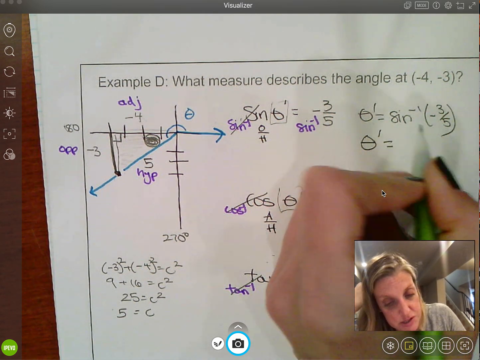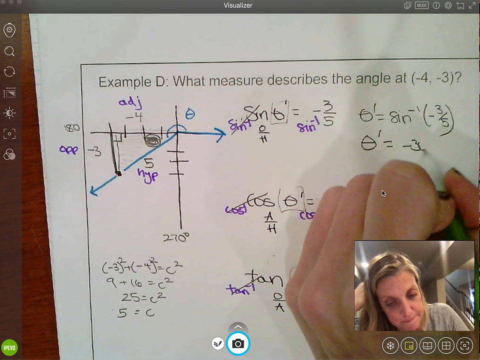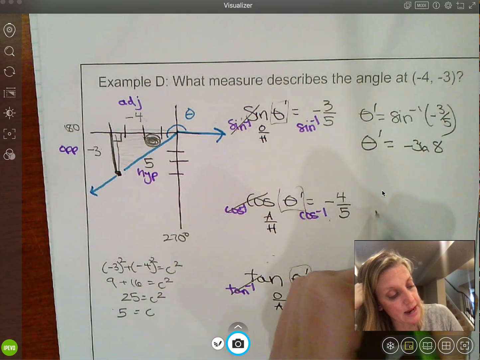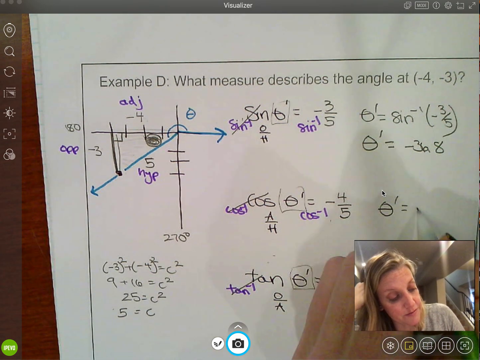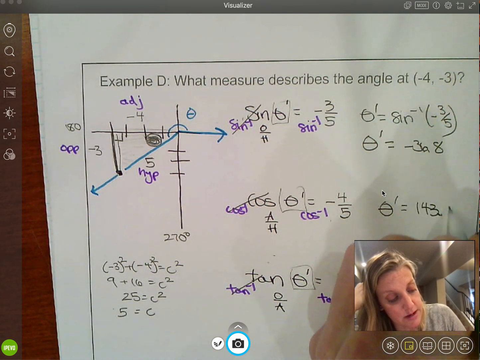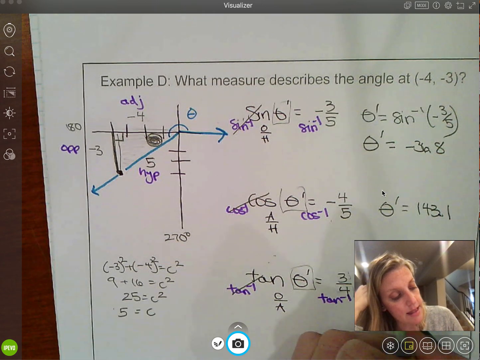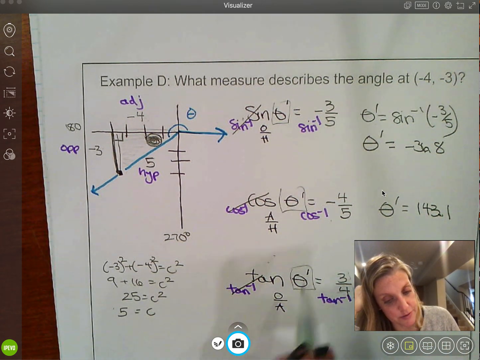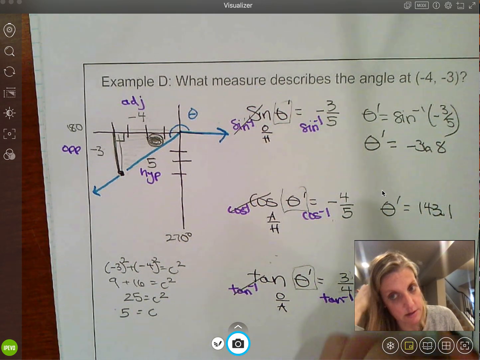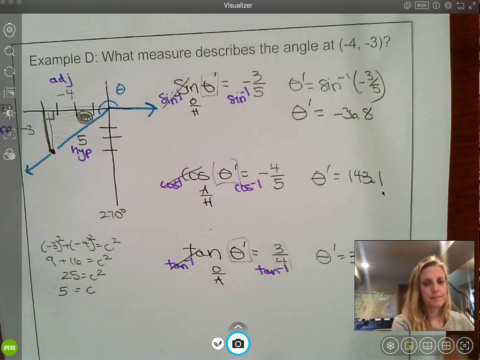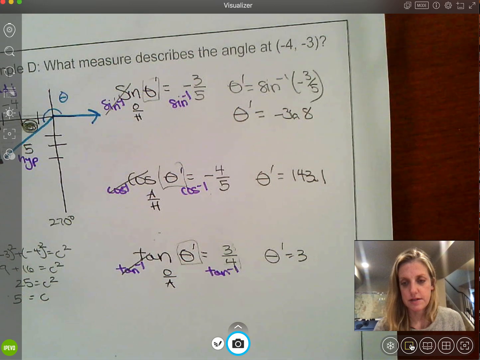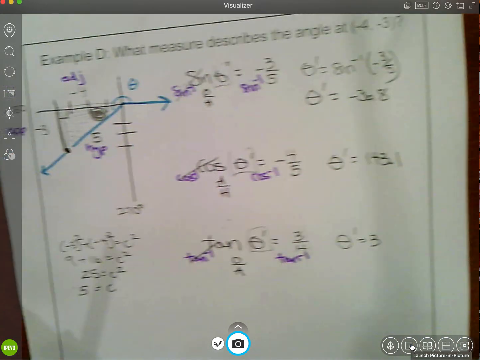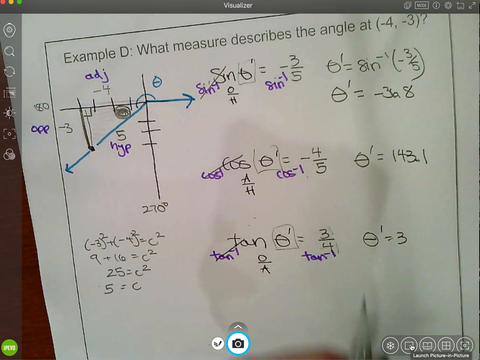The inverse sine of -3/5 is -36.8. The inverse cosine of -4/5 is 143.1. And then the inverse tangent of 3/4, let me turn myself off for a second so we have more room, is 36.8.